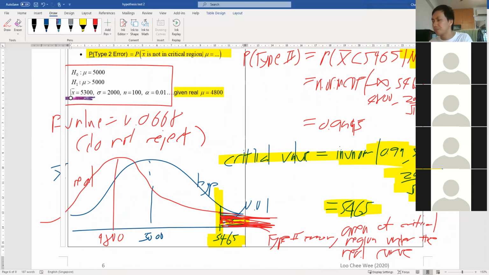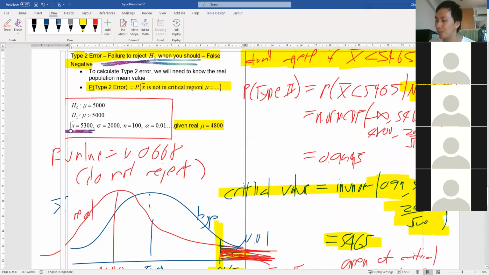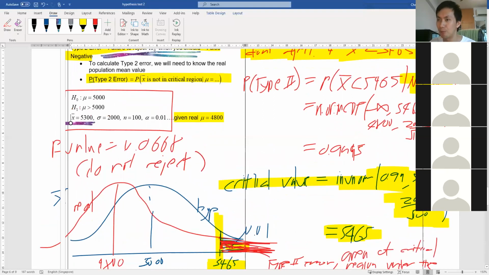So this is always the time that, depending on how fast or slow your class progresses along the main parts of hypothesis testing, it will determine how much time your teacher will spend on type 2 error in general. If you don't feel comfortable with this type 2 error, don't worry, I don't expect you to master this today.